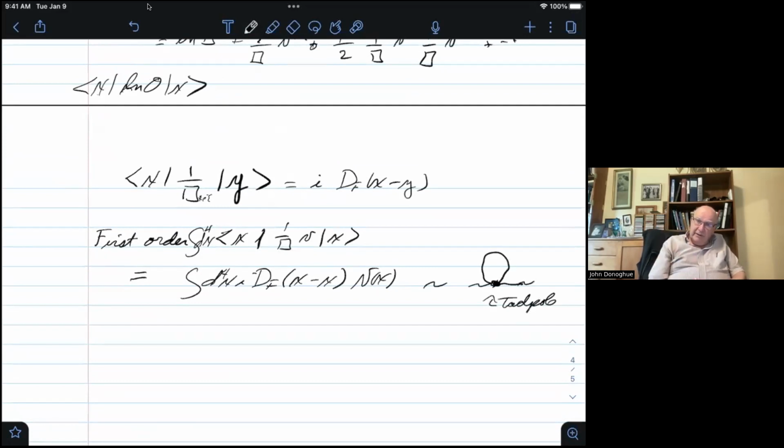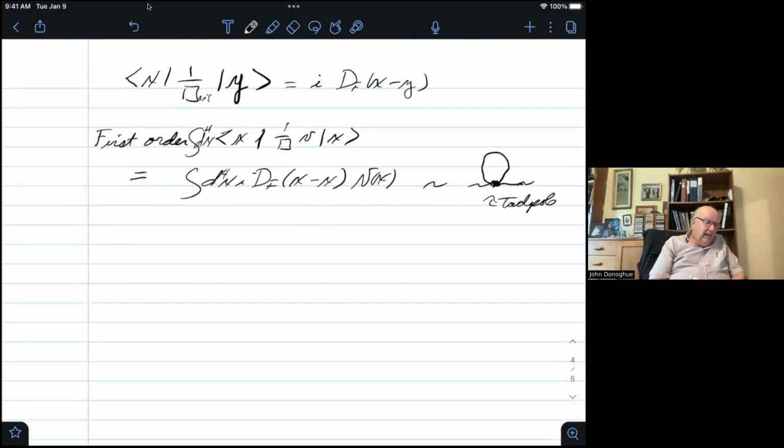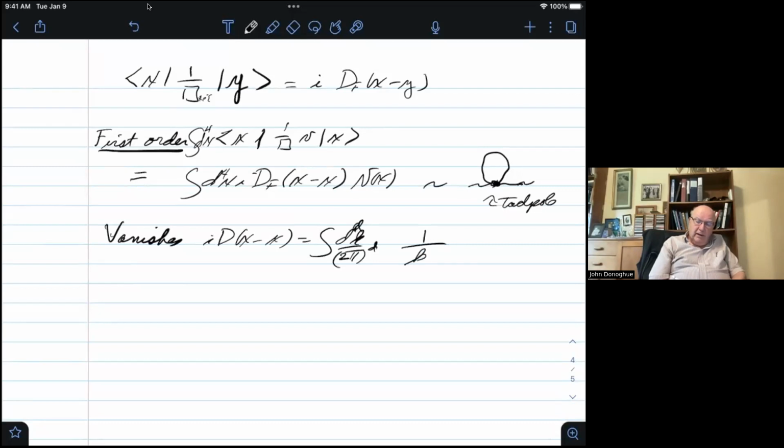But in the case that I'm doing, this thing actually vanishes, and it vanishes in dimensional regularization. The propagator from x minus x is the integral d^d k over 2 pi to the d, 1 over k squared, and that goes to 0 in dimensional regularization.